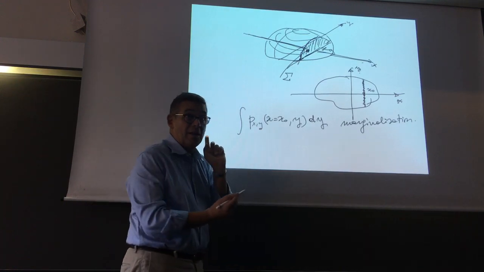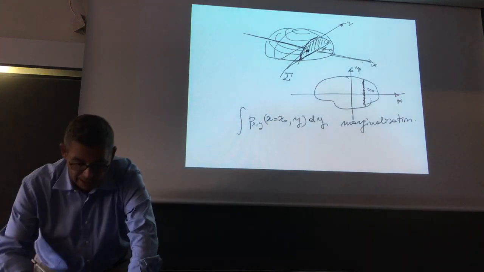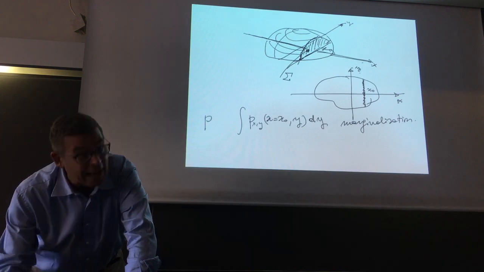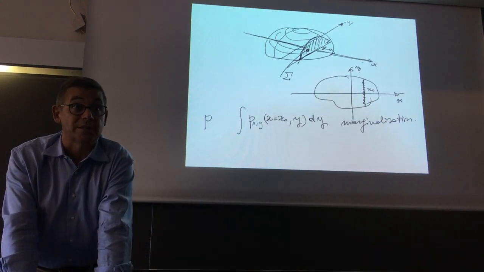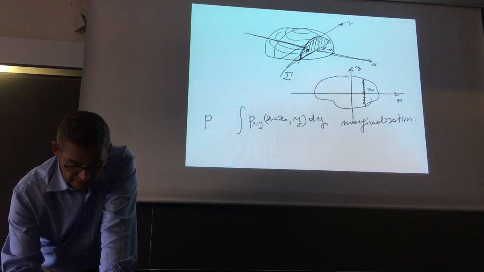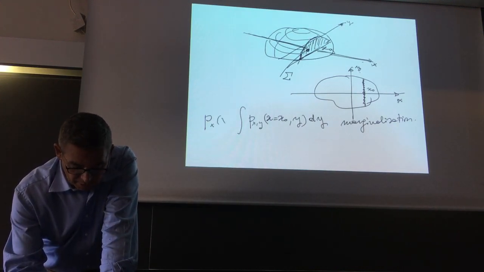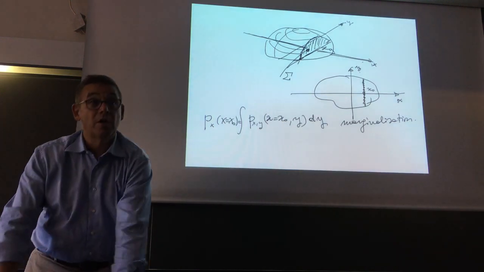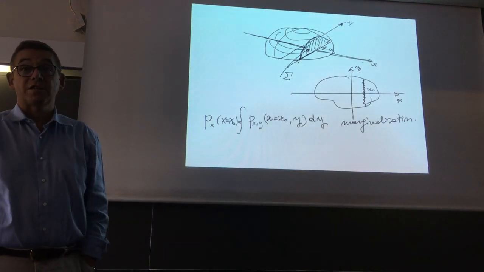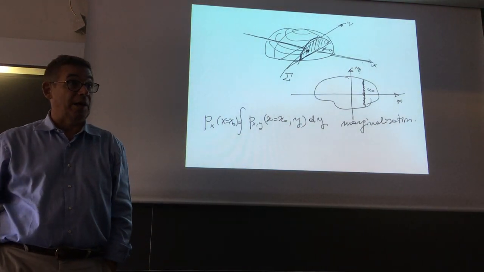So this one now depends only on x, because by integrating over y, I remove all the dependency. So this one becomes the marginal probability density function of x only, because it depends on x, not on y.